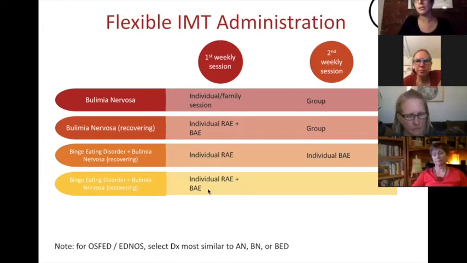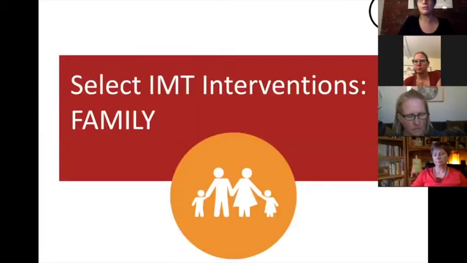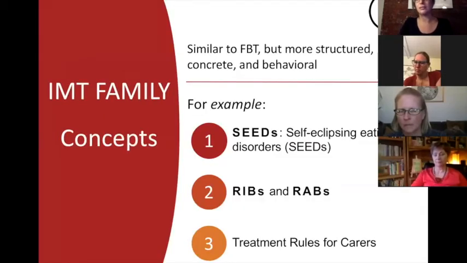It sounds like a lot, but once you get the feel of the material, it becomes pretty intuitive, and you know what to use based on the level of severity of the patient and the symptoms they present with, and also the availability of the carers. If anyone has any questions, feel free to enter them in the chat box. If not, I'll keep plugging through with the overview of interventions.